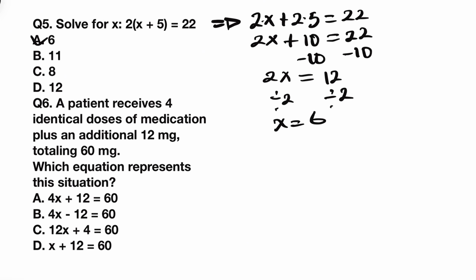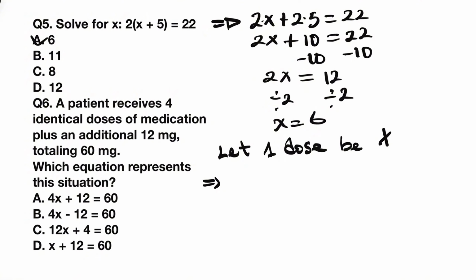Now let's look at question 6. A patient received 4 identical doses of medication plus an additional 12 milligrams, totaling 60 milligrams. Which equation represents this situation? So in this case, we let one dose be x because they have used the variable x in the equation.